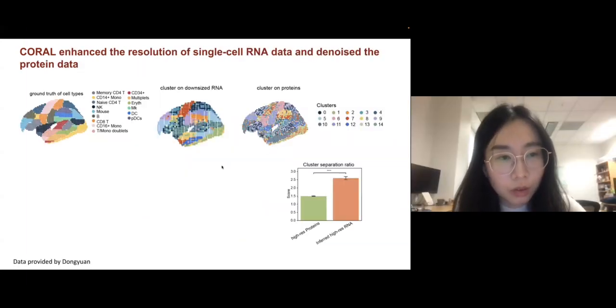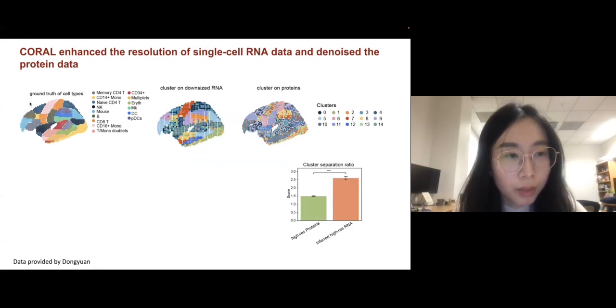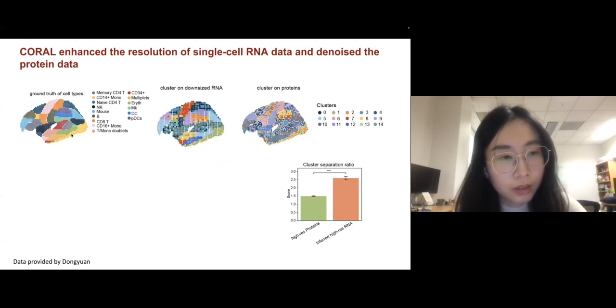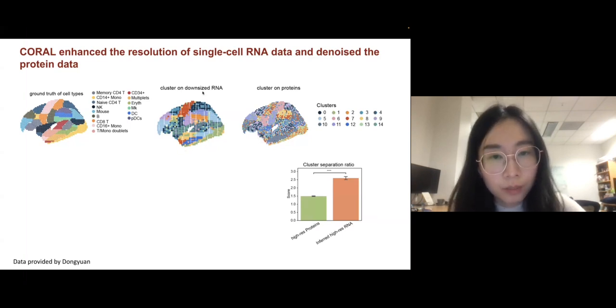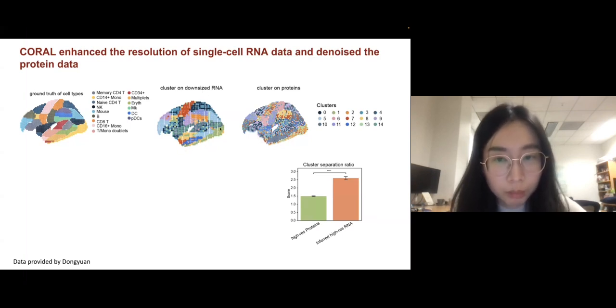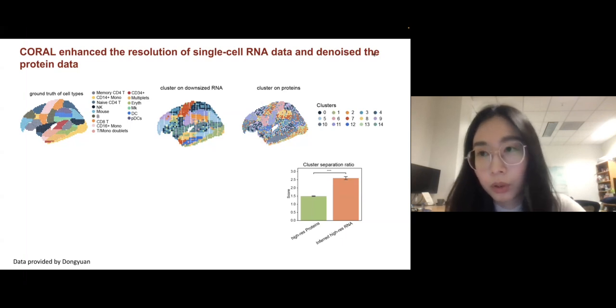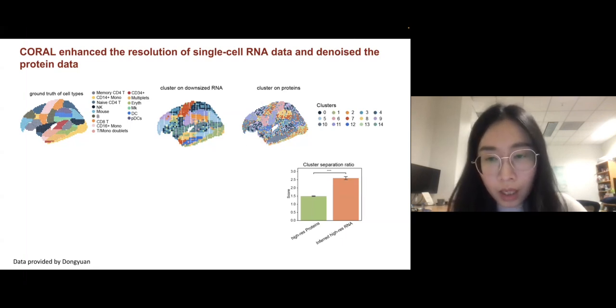Now we want to show another simulation case, using an assay design provided by one of our collaborators, where we have the ground truth of the cell types. We sample from different cell types, so we have a version of the sampled RNA expression and also the protein expression.